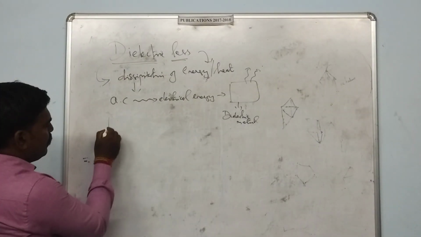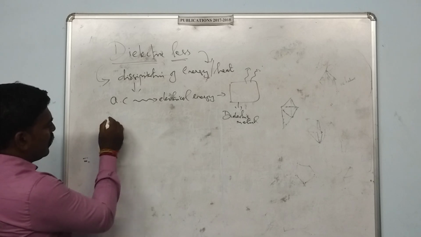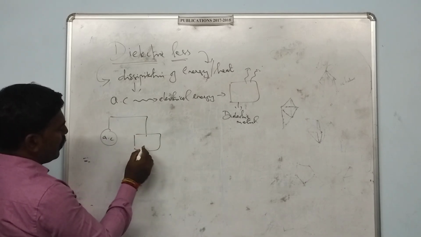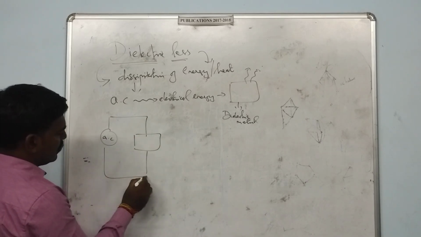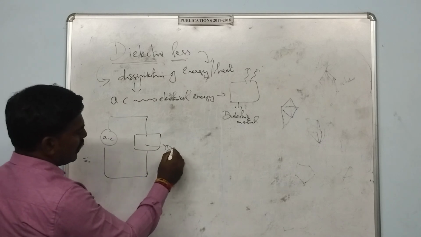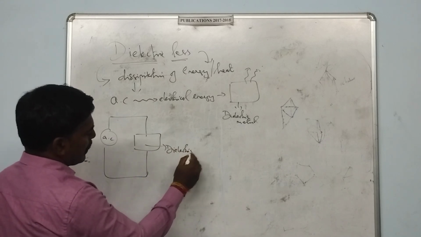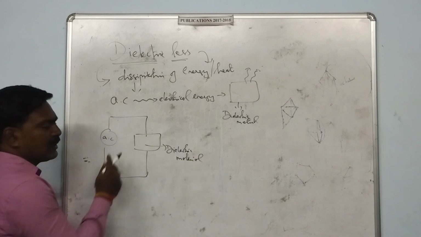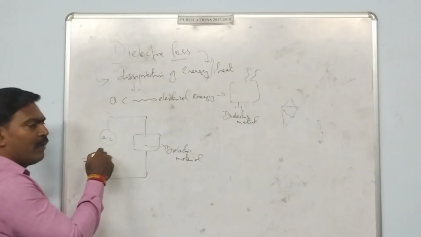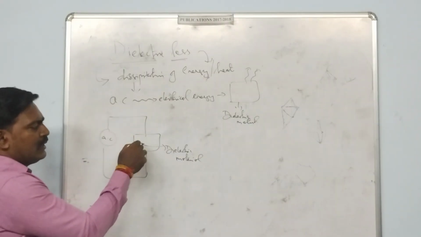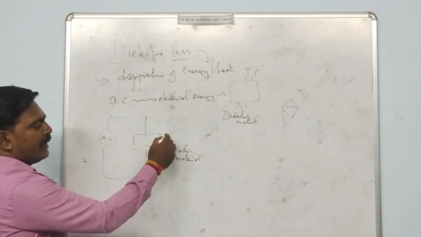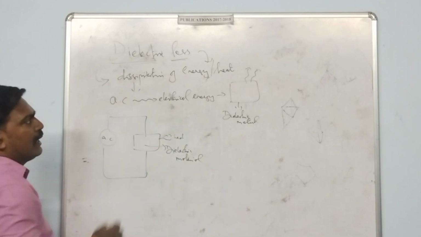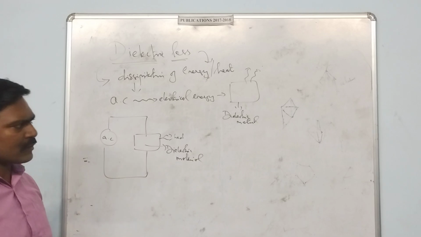This is the simplest circuit diagram for finding the dielectric loss. This is a dielectric material. When we pass current with the help of AC, there is a creation of loss in the form of heat. It is called dielectric loss.